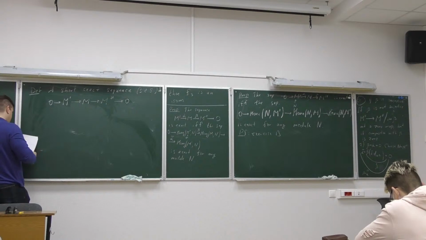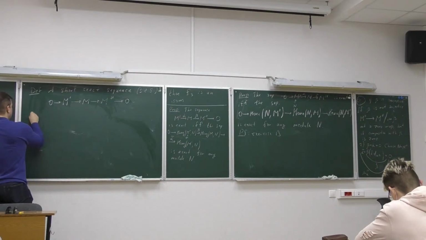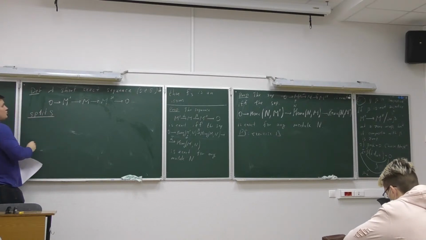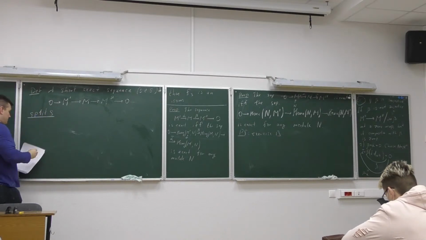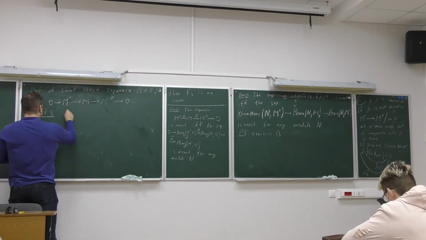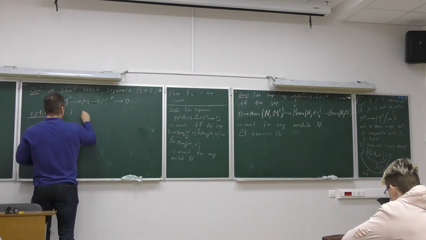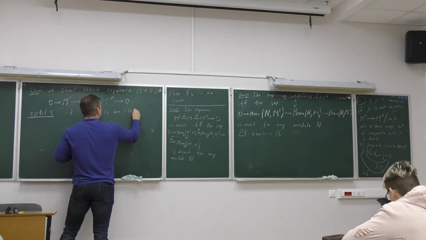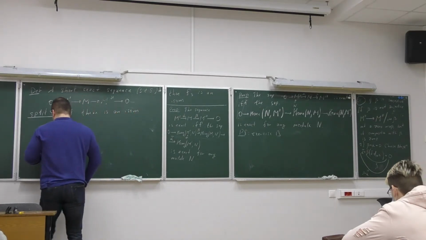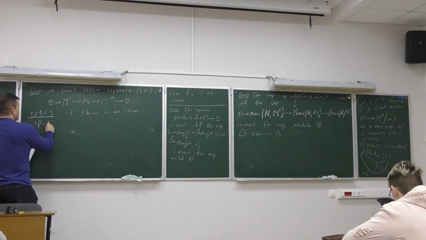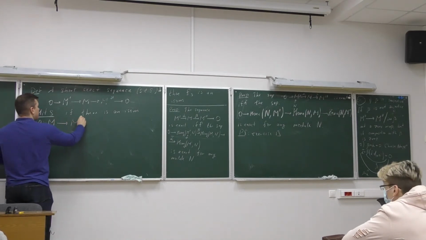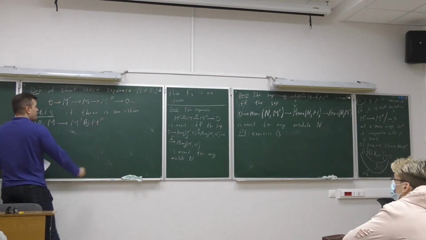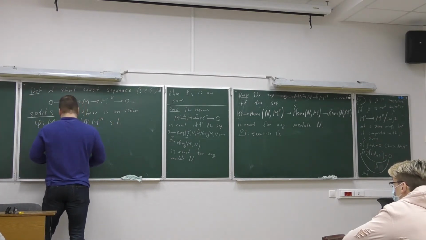So this short exact sequence splits. This is the definition of the word splits for a short exact sequence, if there is an isomorphism, let's call it phi, between the module M and the direct sum of M prime and M double prime, such that we have several conditions.